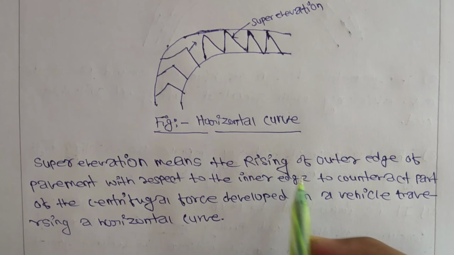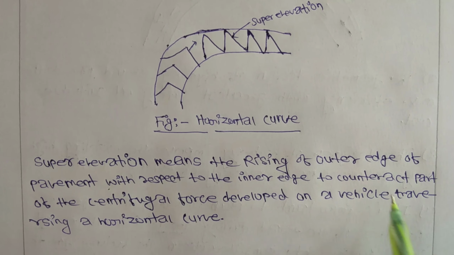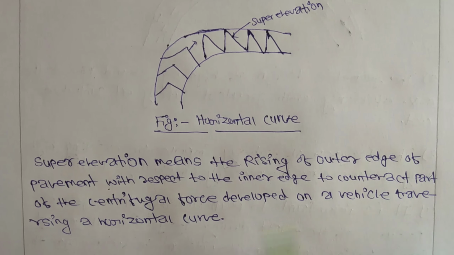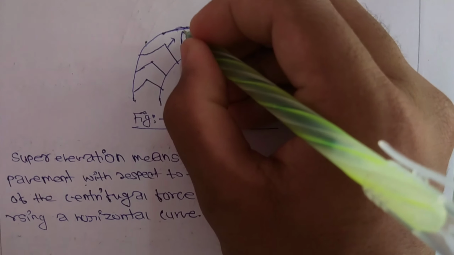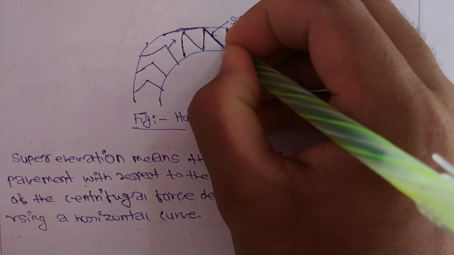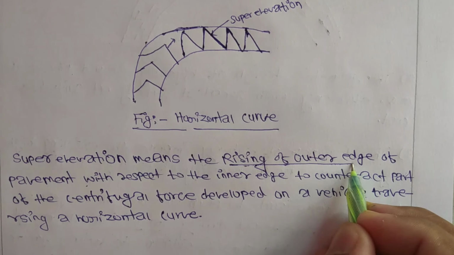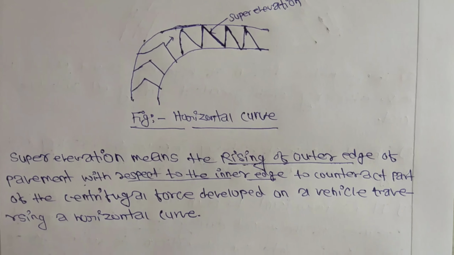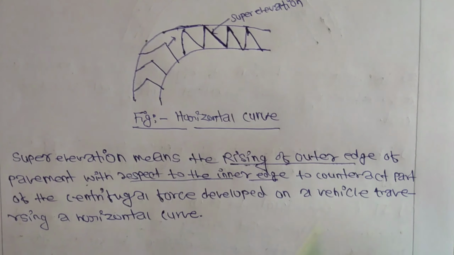Super elevation means the rising of the outer edge of pavement with respect to the inner edge to counteract the part of the centrifugal force developed on a vehicle traversing a horizontal curve. So in these figures you can see this is the outer edge, and this is the inner edge. So that is the rising of the outer edge of the pavement with respect to the inner edge to counteract the part of the centrifugal force, called super elevation.